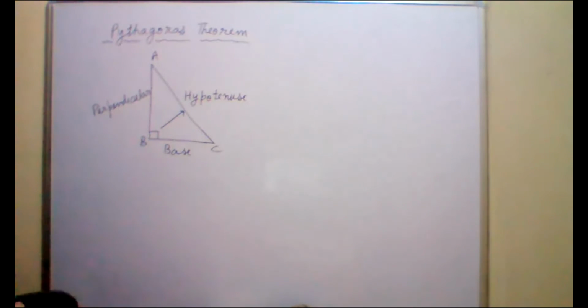It is hypotenuse. Always in a right triangle, the side which is opposite to the right angle is known as hypotenuse.